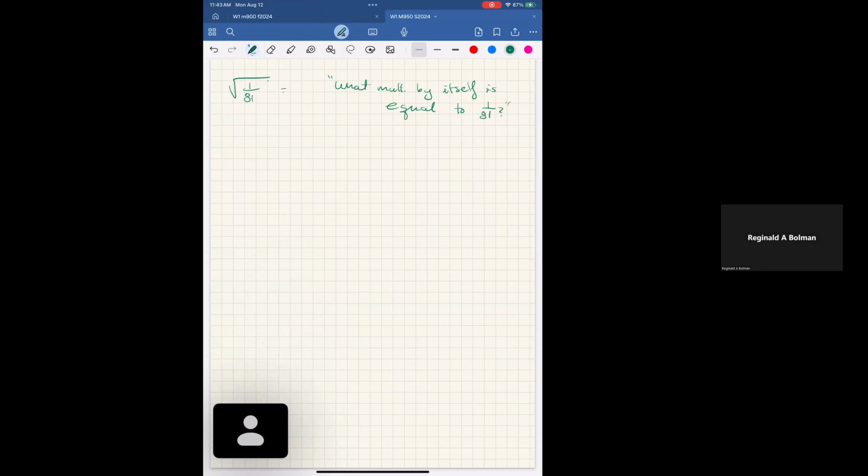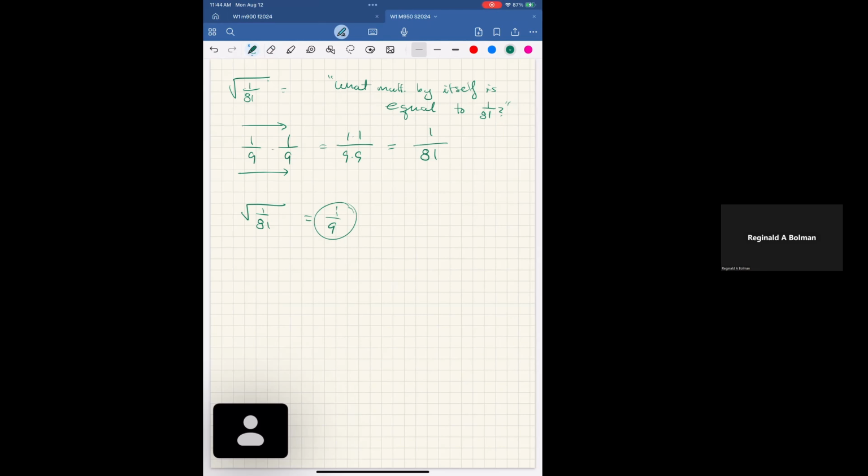And if you remember the rules of fraction multiplication, how you multiply across the top and the bottom when multiplying two fractions together, if you took 1 over 9 and multiplied it with 1 over 9, you would have 1 times 1 in the numerator and 9 times 9 in your denominator. 9 times 9 is 81. 1 times 1 is 1. So what times itself is equal to 1 over 81? It must be 1 over 9.